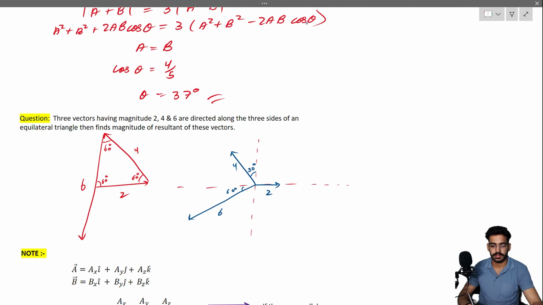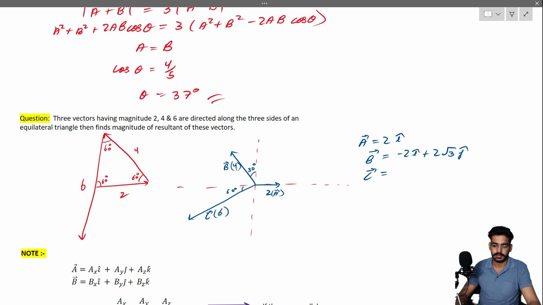So let's find out. Okay, I am calling this A, this B, and this is the C vector. So A vector, if I resolve it, is already resolved, only 2 i cap. B vector, if you resolve, you will get B vector equal to minus 2 i cap plus 2 root 3 j cap.